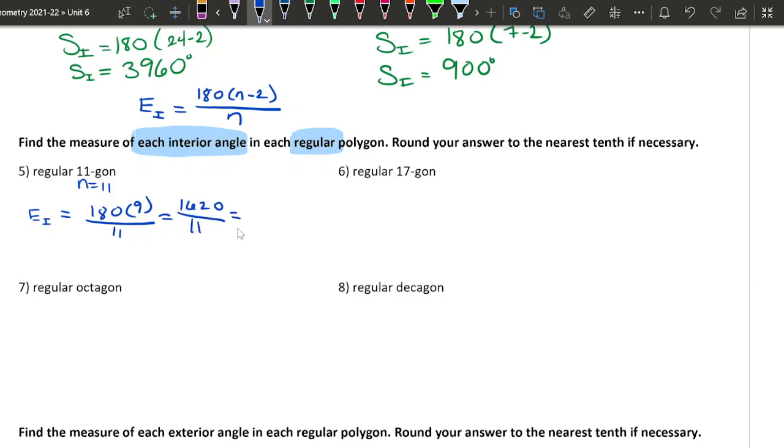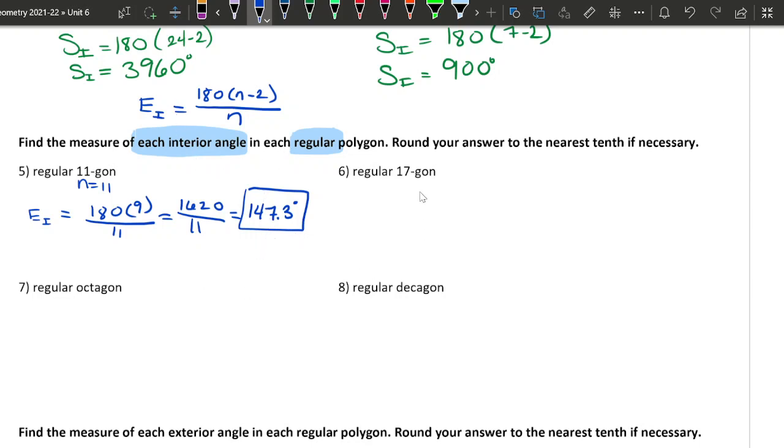So the sum is 1,620 degrees. We split it amongst 11 angles, then it's 147.3. So each angle in that 11-sided figure has a measure of 147.3 degrees.